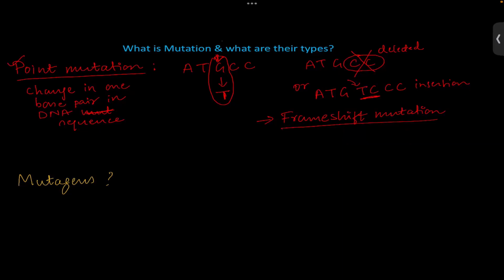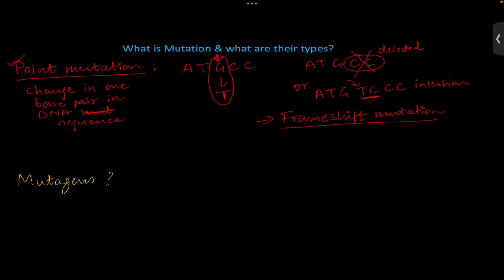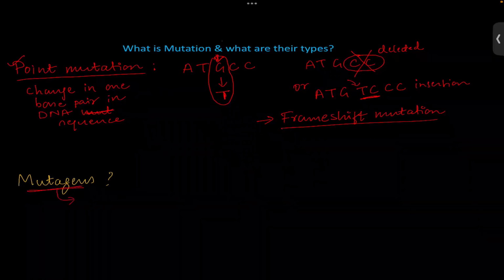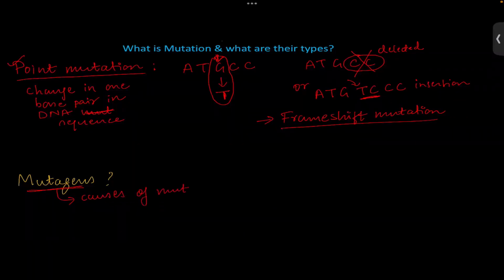Now, mutations, as I said, are rare events. They happen very rarely. Like if there are 10 million bases, there's a chance that only one base will get mutated. So there are certain causes which trigger these mutations. These causes are collectively known as mutagens, which are causes of mutations.